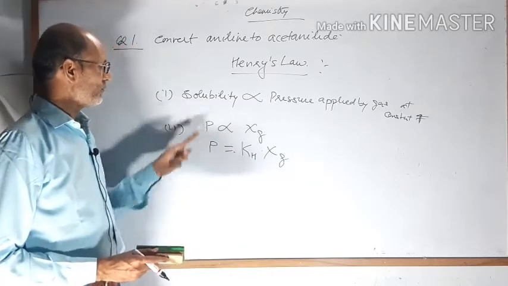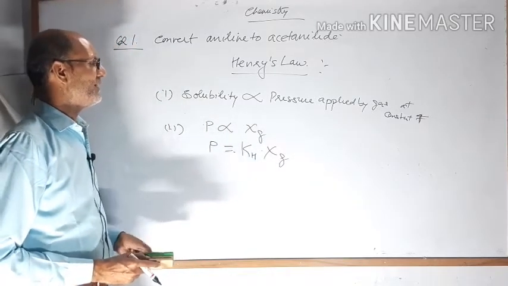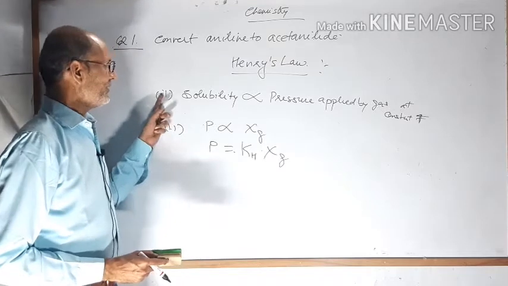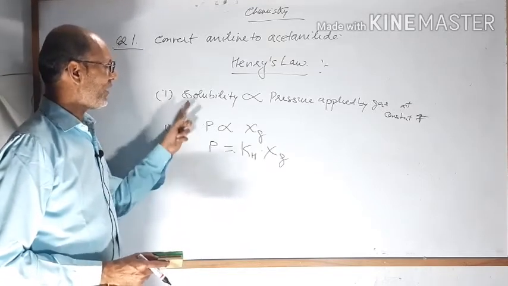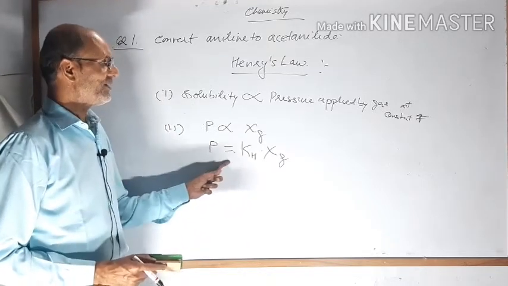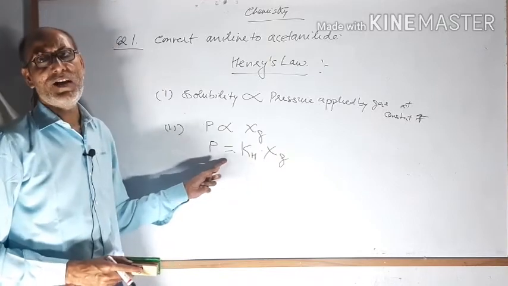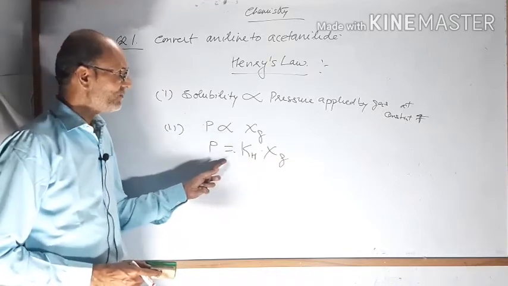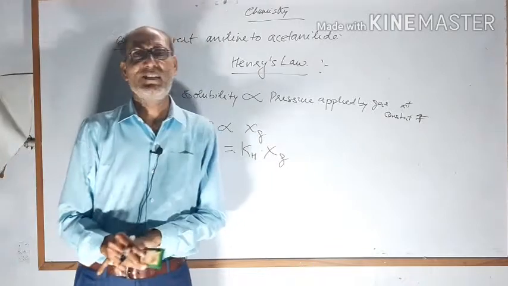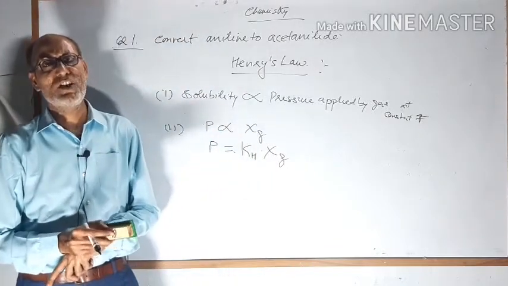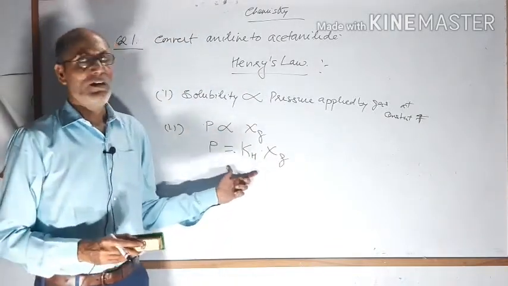So these are the two most important Henry's law statements. You can use this one or this one, and this is very important for numerical purposes. Dear students, now where Henry's law fails and where its applications come.